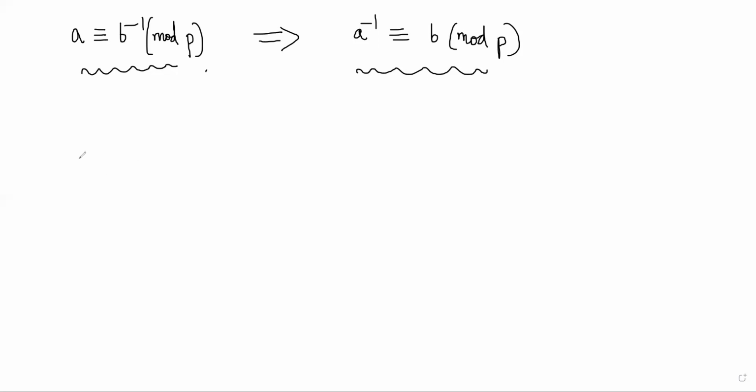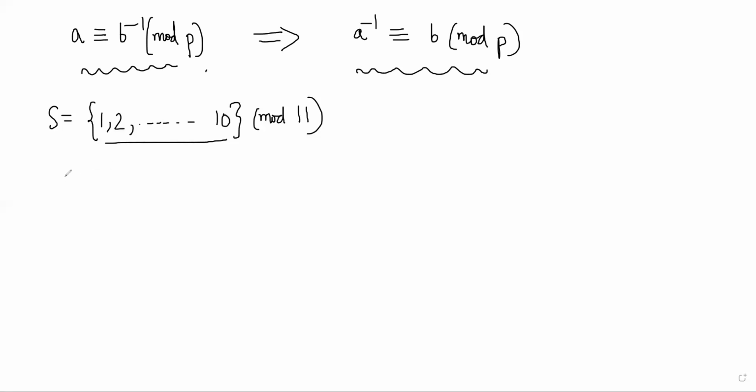Now let's look at an example. Let's say you have the set S, which is 1, 2, 3, 4 till 10 mod 11. In this set S, we can pair up the numbers which are inverses of each other.